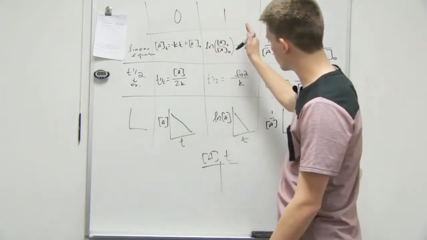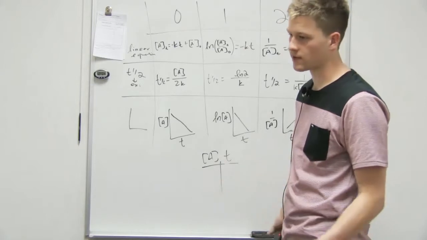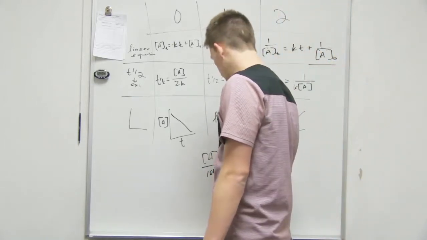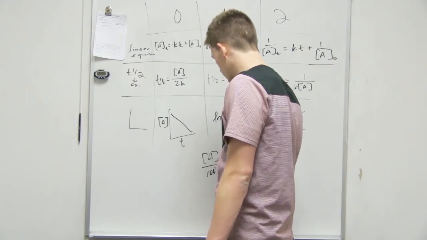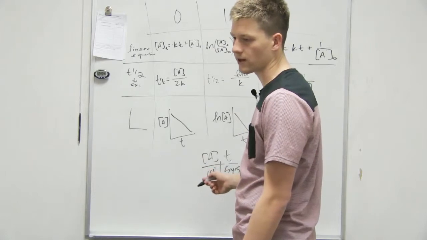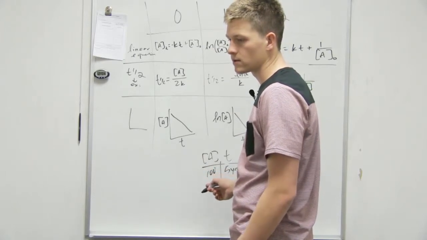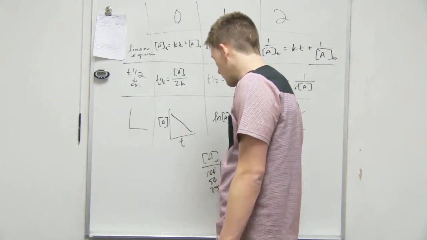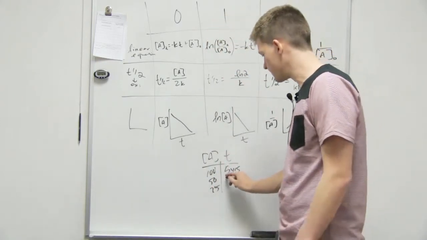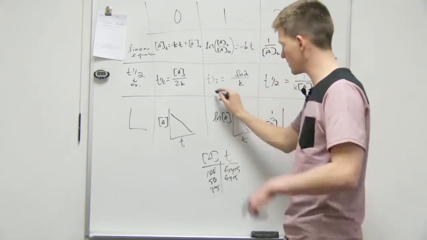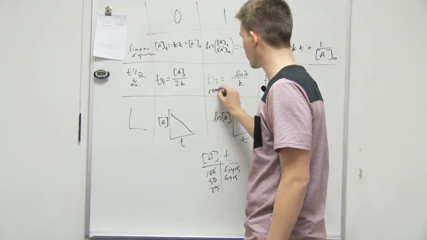When we think of just first order, our typical half-life, we say we started with 100 grams of something, and each half-life is 5 years. If you think of a normal half-life, every 5 years it'd be 50, then 25, then 12 point something. So that remains constant.